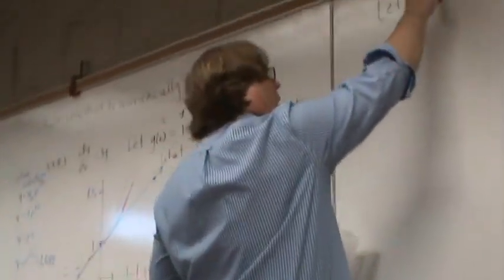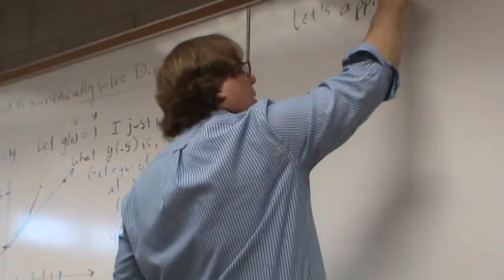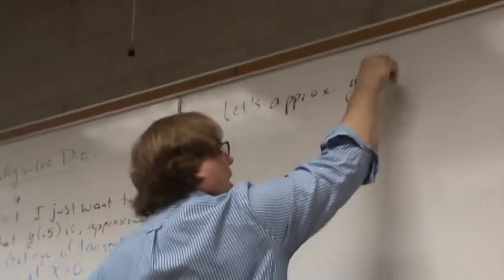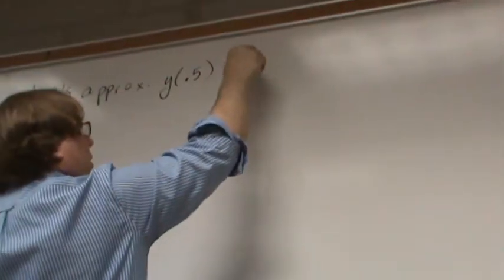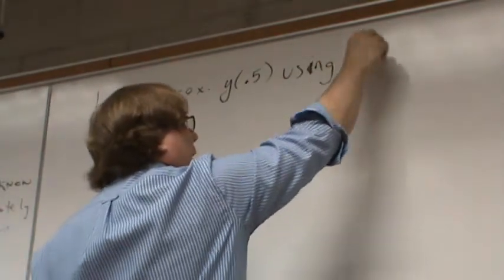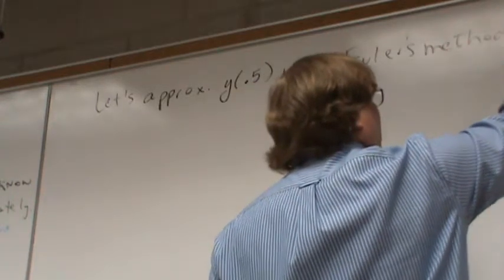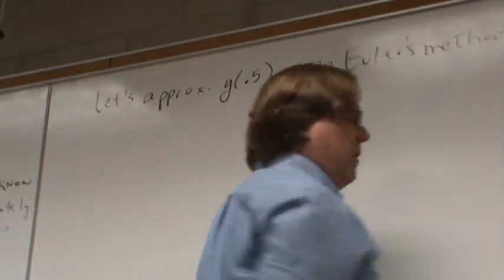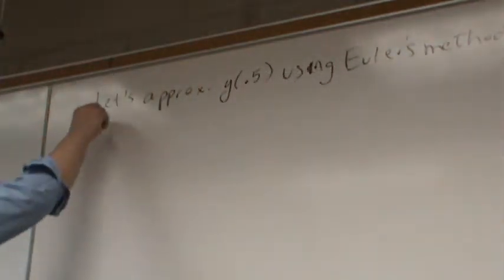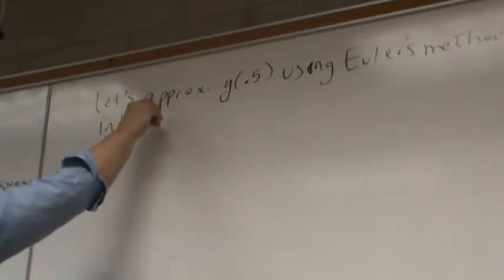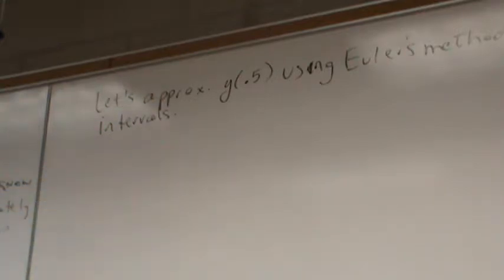Let's approximate y of 0.5 using Euler's method with 5 intervals.